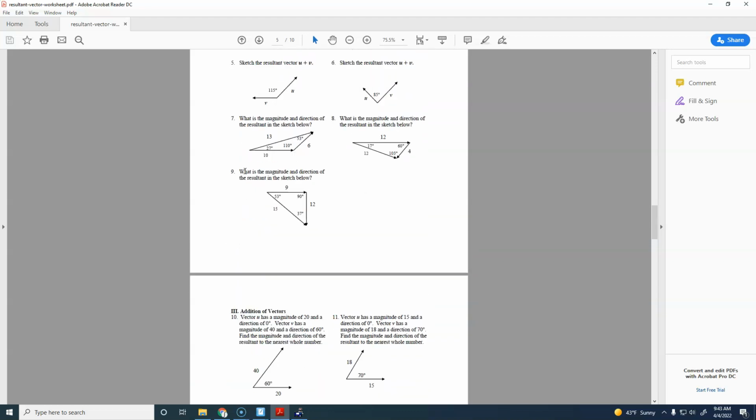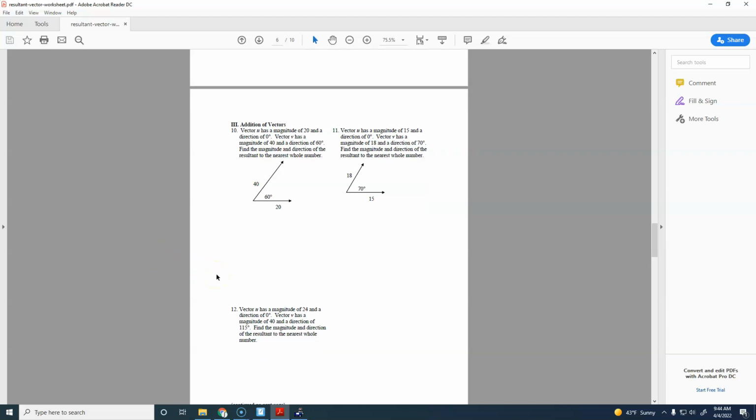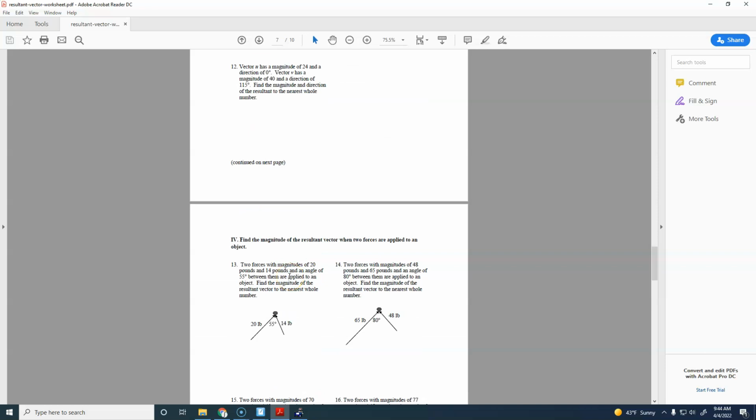I don't like the pictures on 7 through 9, so I'm going to skip them. We're going to do 10 and 12. I'll write these down for you in a second.